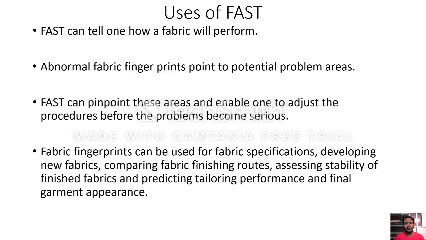This system is commercially successful, developed by CSIRO Australia, as I have already told you, and it is practiced in industries. It is very easy, and by using this simple instrument you will get very nice information that helps you understand how the fabric will behave if it is converted into garment.